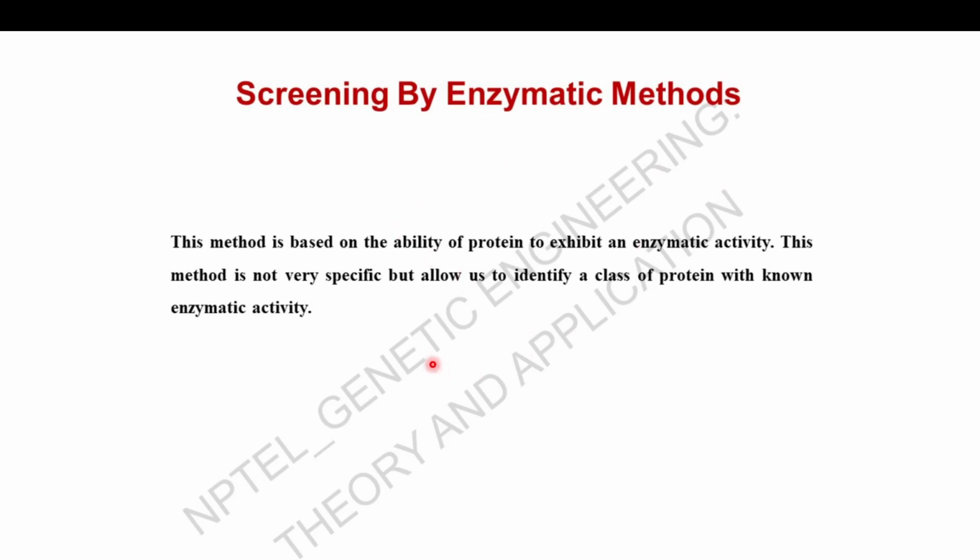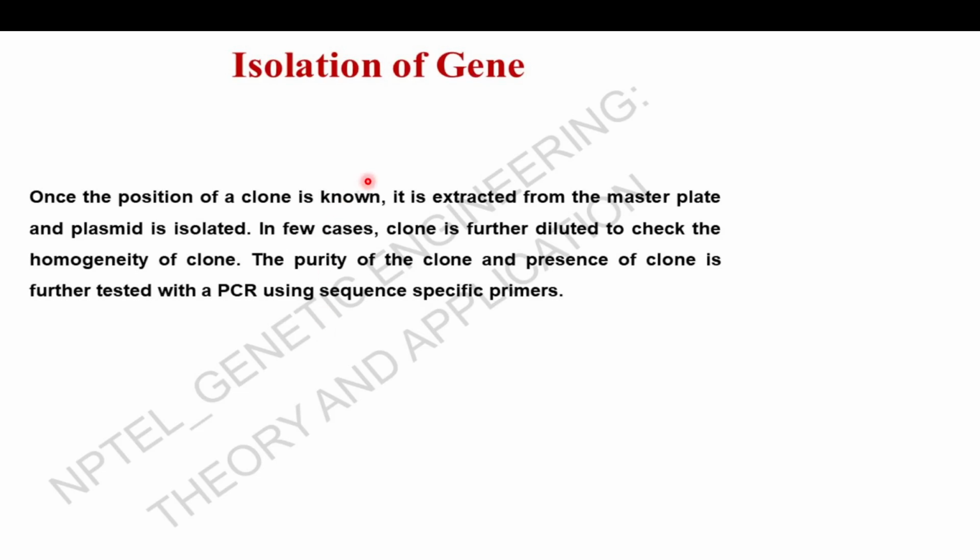Screening by enzymatic methods. This method is based on the ability of a protein to exhibit an enzymatic activity. Again, this is not very specific, but can allow us to identify a class of protein where we know that it has that particular enzymatic activity. Now, isolation of gene. Once the position of a clone is known, it is extracted from the master plate and plasmid is isolated.